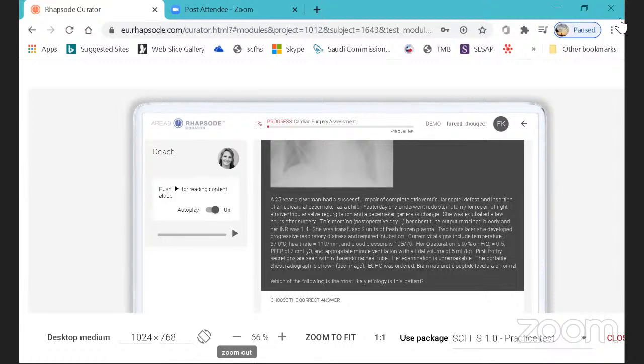Okay. All right, so we'll go with this. Can you see the letters there? I'll continue to read. You wanted me to read it, Doctor? Yeah, go ahead, please. Okay, so she was extubated a few hours after surgery. This morning, post-op day 1, her chest tube output remained bloody and INR was 1.4.